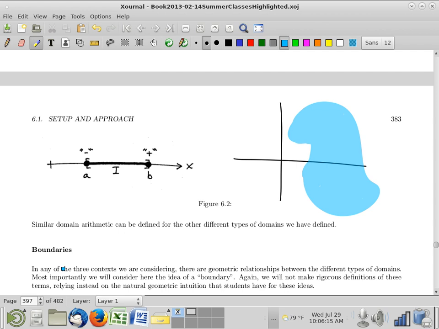Okay, so here they are. We're going to start off with an interval on the x-axis. What's the boundary of an interval on the x-axis? Well, it's two points. Sure. Okay, but in terms of orientations, what convention are we going to make about the orientations on these two points? Keep in mind, orientation on a point is either a plus sign or a minus sign.